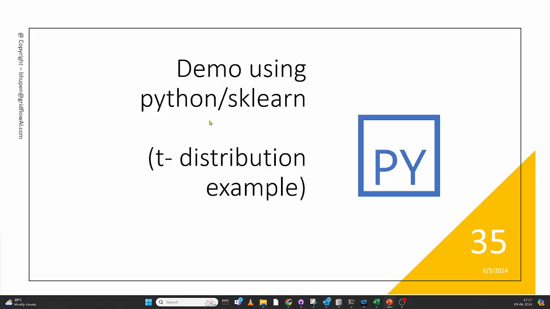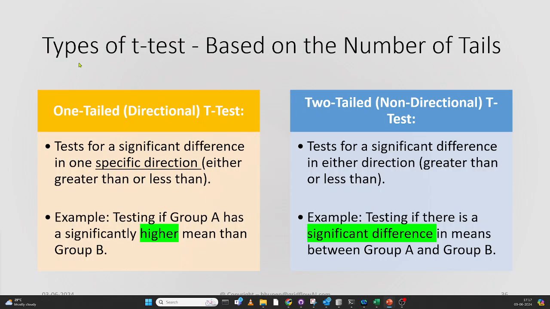Yeah, so let's come back now. We saw the example of a t-distribution from an intuition perspective, and we saw how we use a t-distribution to get the PDF and CDF and compare against the critical value. The next few topics on t-test will be the types of t-tests that we normally use. One is the one-tailed, meaning directional, t-test.